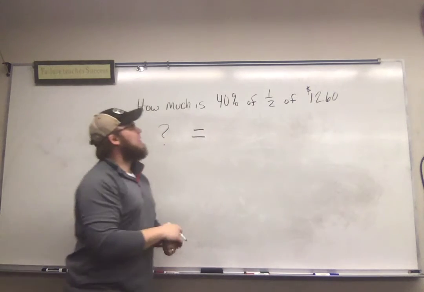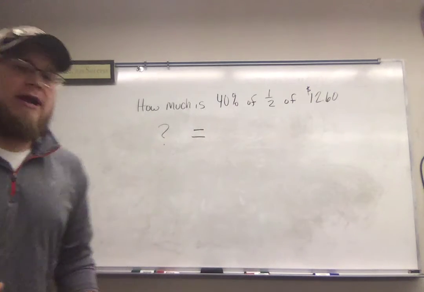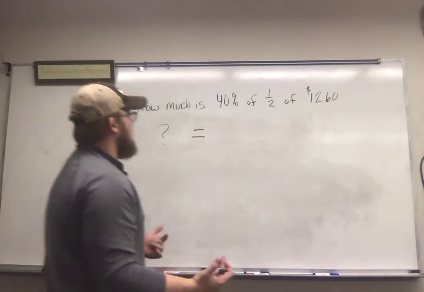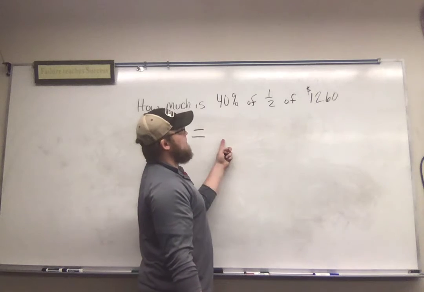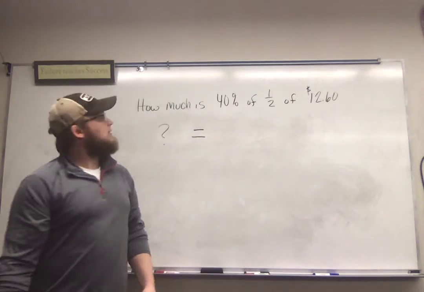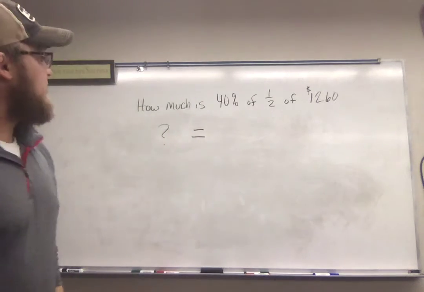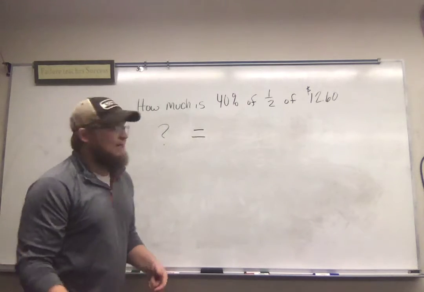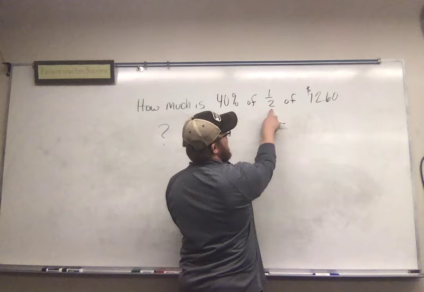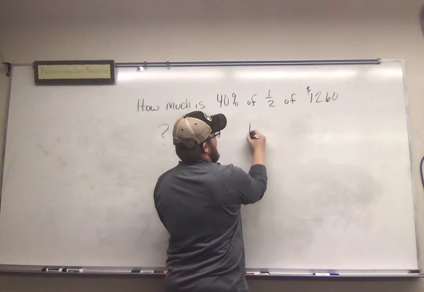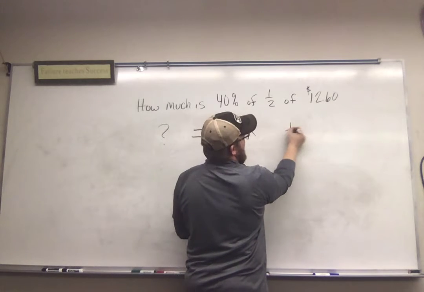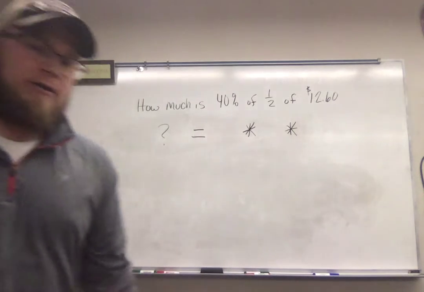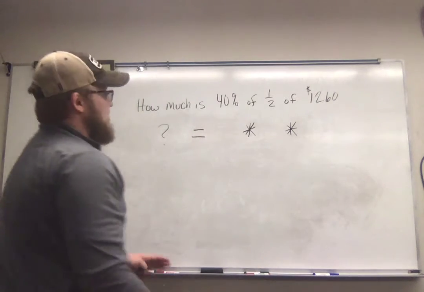Now, I could leave that as 40, but you could rewrite it as a fraction, which is 4/10, or you could rewrite it as a decimal, which is 0.4. And what does of mean? Of means multiply, okay? And it always means multiply.